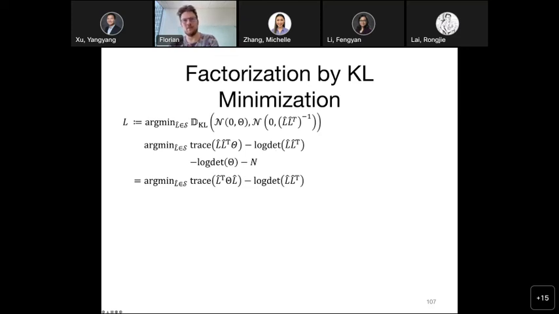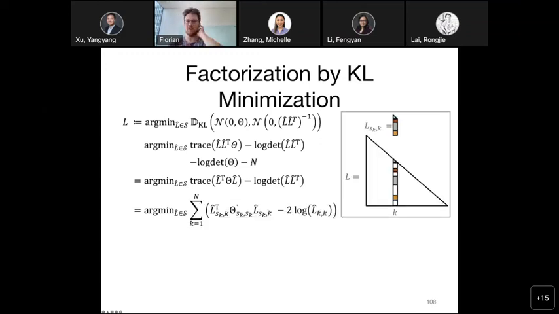So we first observe that both the log determinant and the n do not depend on our optimization variable, the L hat. So we can directly remove them from the problem without changing the optimal point. And then we can also use the cyclic property of the trace in order to move around the L hat from the left of the trace expressions to the right.